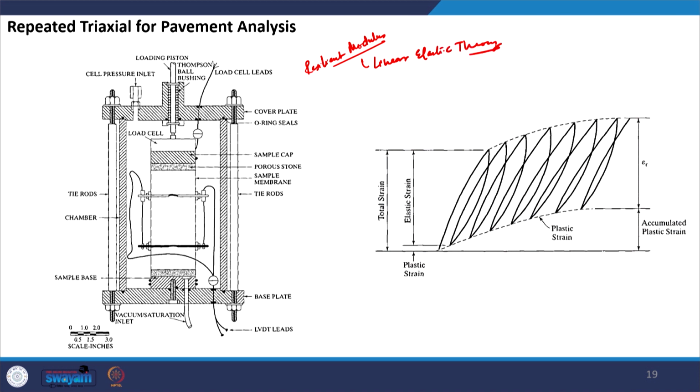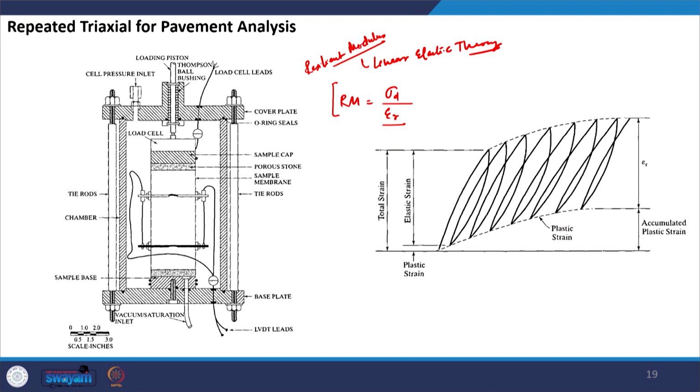So, how do you define resilient modulus? Resilient modulus is the ratio of deviatoric stress to recoverable strain, and to determine it, we need to perform a repeated load test using any suitable machine or apparatus.